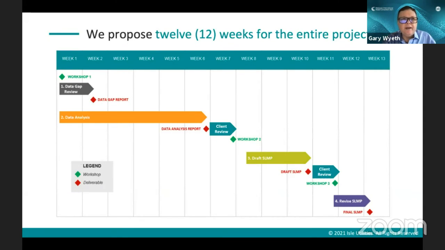And just as a final thing, the development of the SLMP will take probably about 12 weeks, or about 3 months of work, but it does depend a lot on the size of the utility, what the data is like that they're sending us, and how many programs they've already got in place. But on average, it's probably around a 3-month program to develop a good quality system leakage management plan.